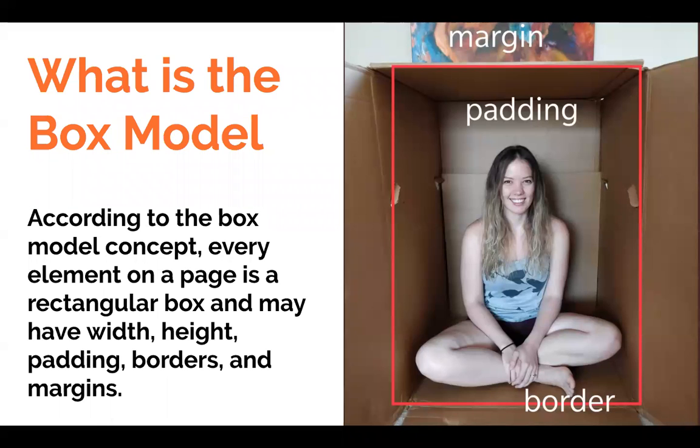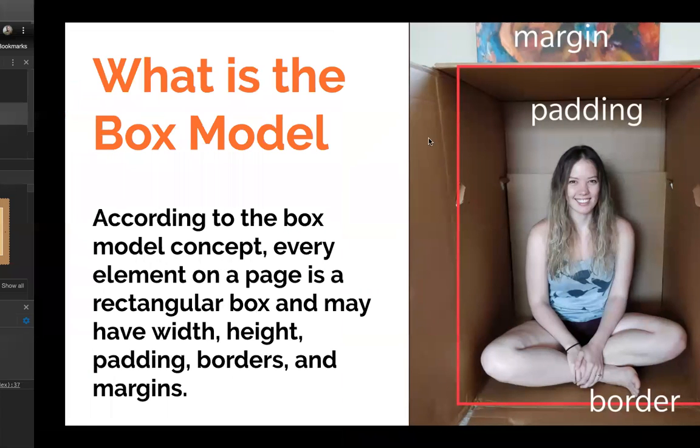Now the space between her and that line is called the padding. Then the line is called the border, and then the space between that element and every other element is called the margin.